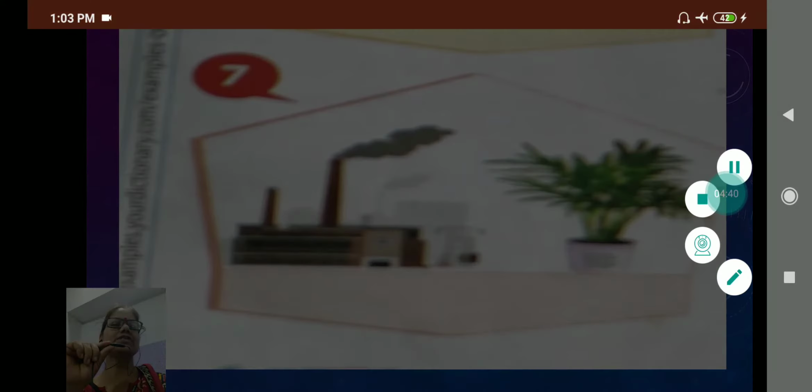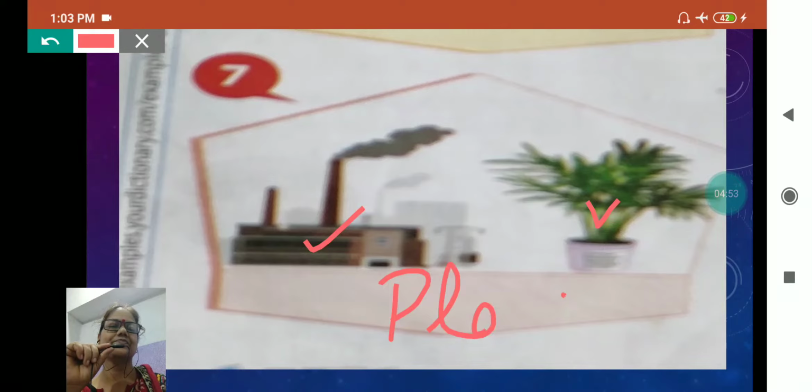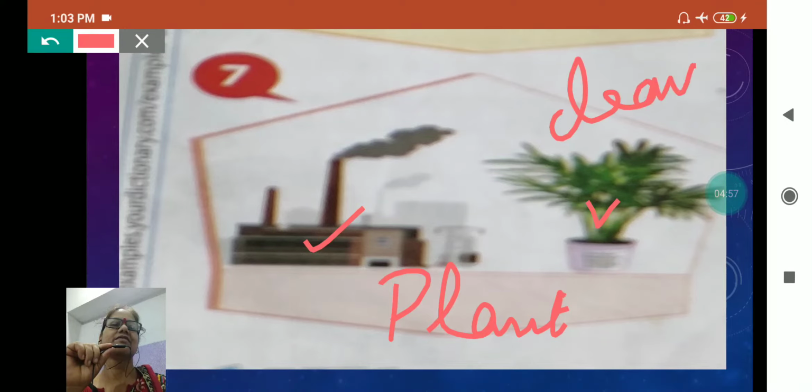Now see here, both the things are called plant. But what is the main difference you know? This is also a plant and this is also a plant. This cleans our environment. And what does this plant do? It pollutes.